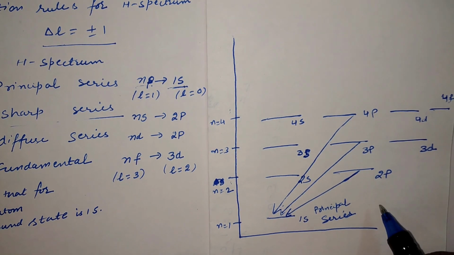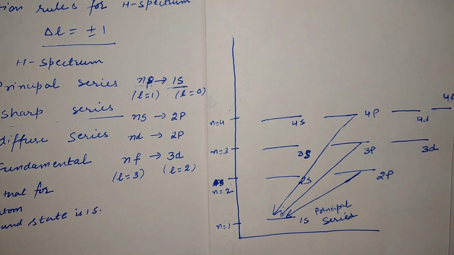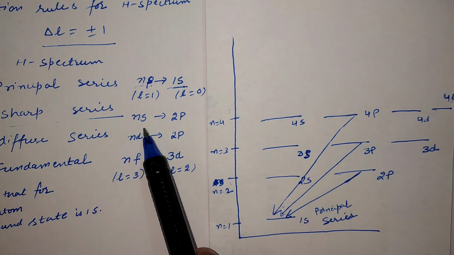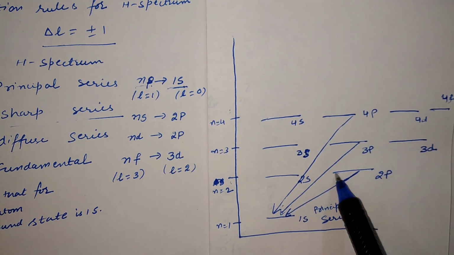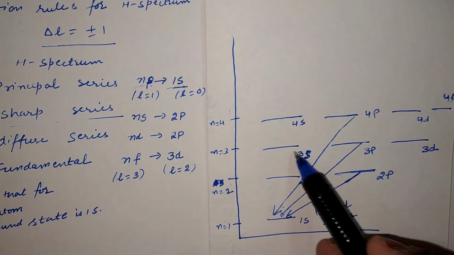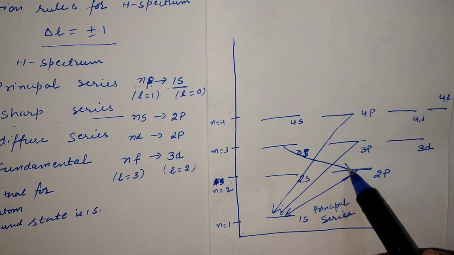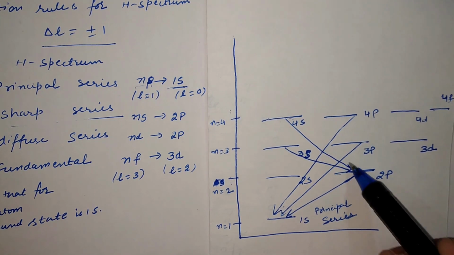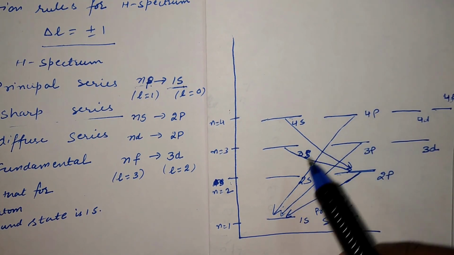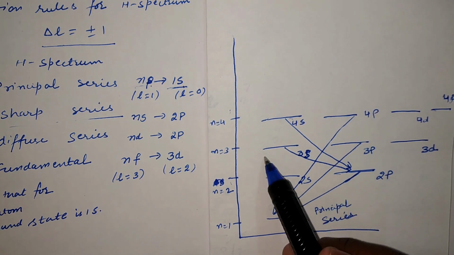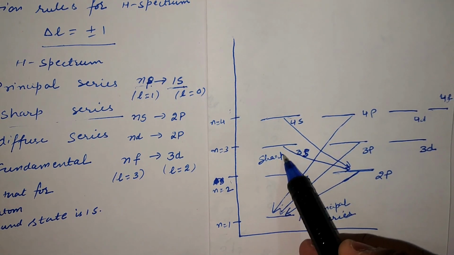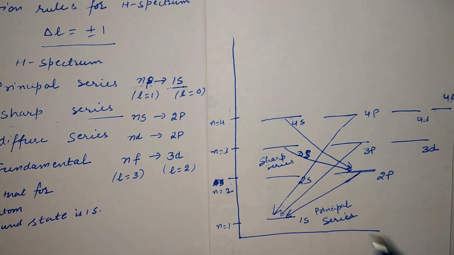Now the next one is the sharp series. For the sharp series we have ns to 2p. So this is level 2p. All the transitions from 3s, 4s, 5s and so on form the series which is called the sharp series.